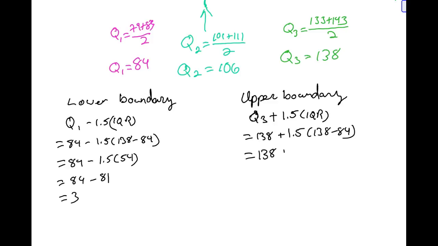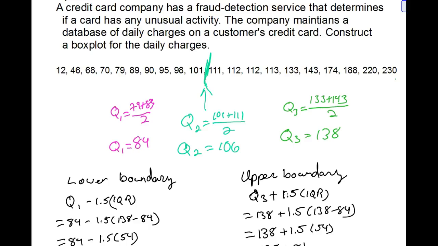So that's 138 plus 1.5 times 54. So 138 plus 81, which is going to give me 219. So if I look, 3 will be down here, and 219 is here. So that means that I have 2 outliers.